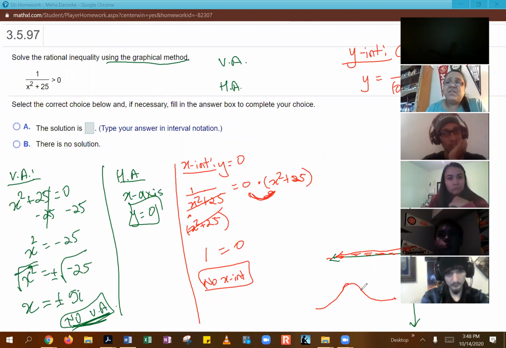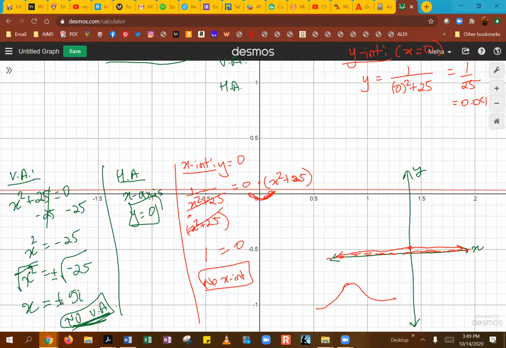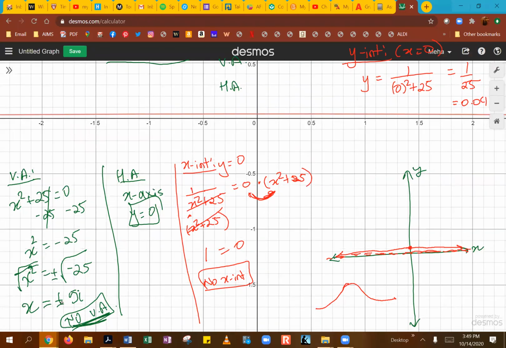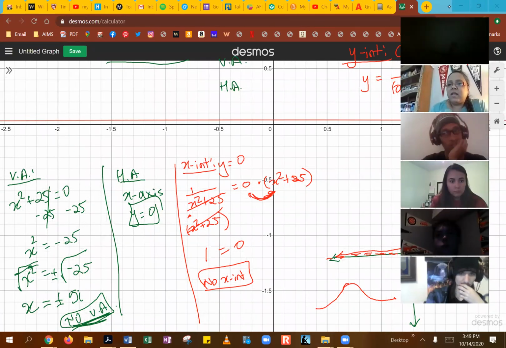So a very interesting graph compared to what we have seen so far. No vertical asymptote, you only have a horizontal asymptote, no x-intercept, a really tiny value for your y-intercept. So when you look at this function, or you can look at the graph here in Desmos, over which interval do you think our inequality will be satisfied?